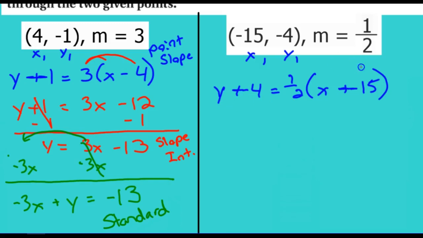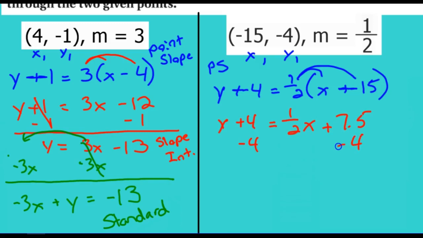Now this is point slope. I'm going to get it to slope intercept. So we have y plus 4 equals 1/2 x plus half of 15, which is 7.5.